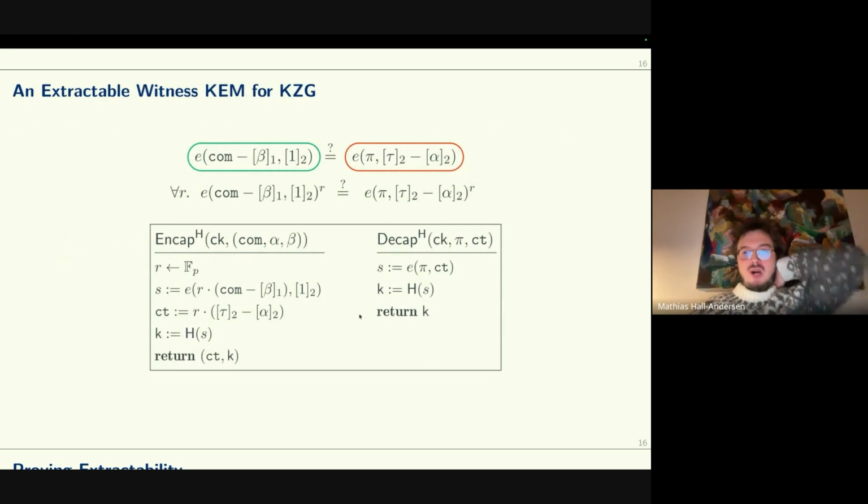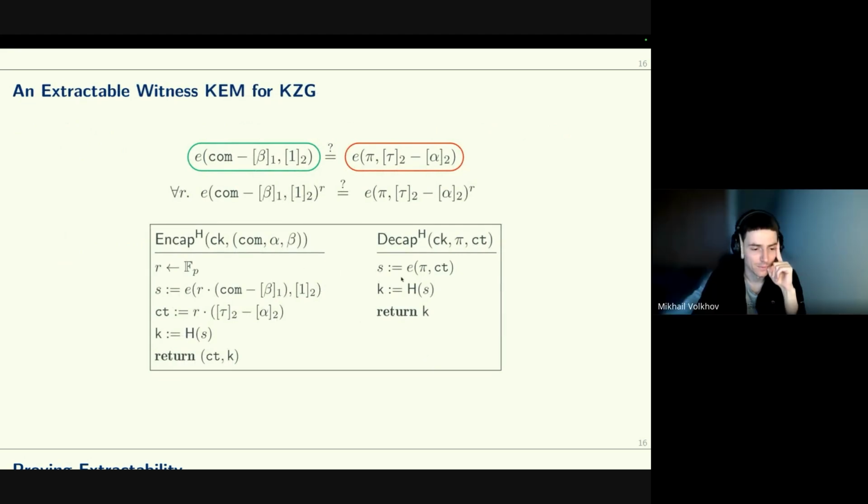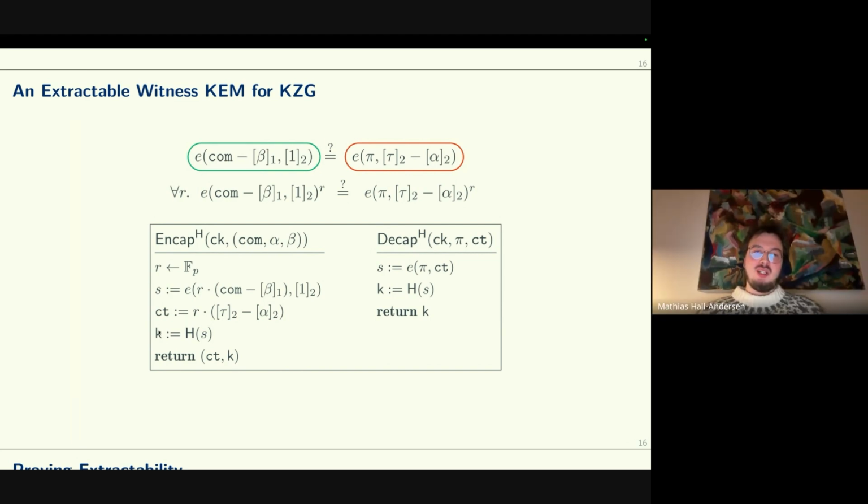Okay, so why is this okay? Sorry, I have a question actually. Do I understand correctly that you cannot correlate K and the ciphertext? So restoring S from the ciphertext is hard. Yeah. If you go from the ciphertext, distinguishing K from a uniformly random bit string is hard, unless you know pi.